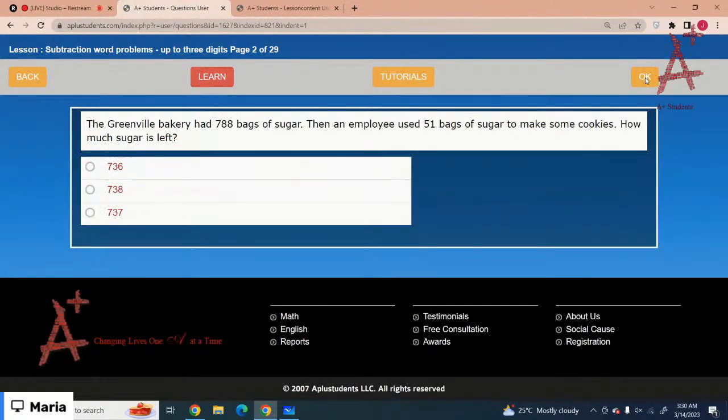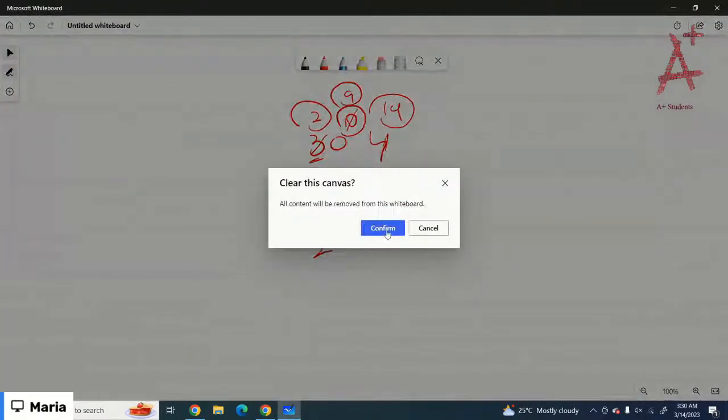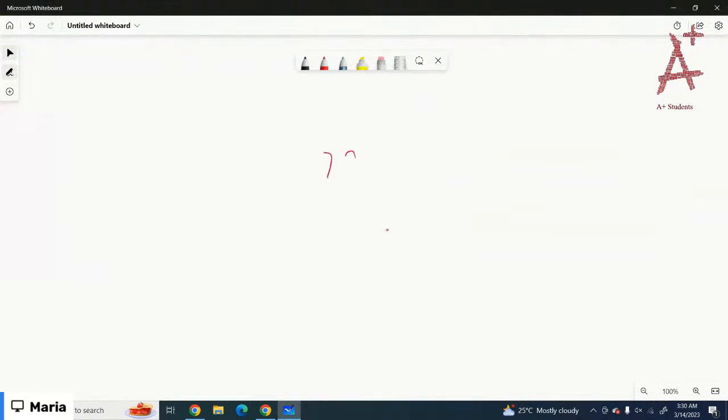Okay, the next one is: the Greenville Bakery had 788 bags of sugar. Then an employee used 51 bags of sugar to make some cookies. How much sugar is left? So you have to do 788 minus 51. Got it? So let's just subtract. 8 take away 1 is 7. 8 take away 5 is 3, and here you have 7.